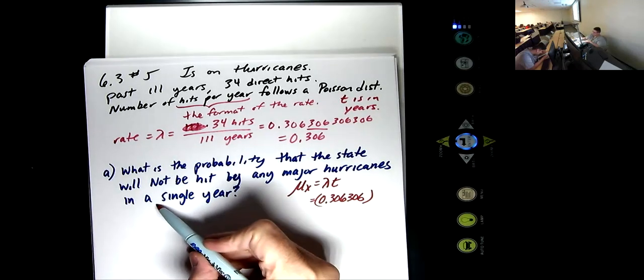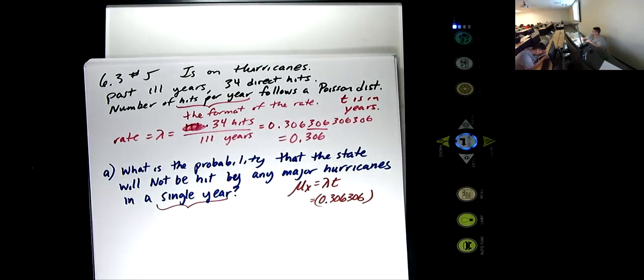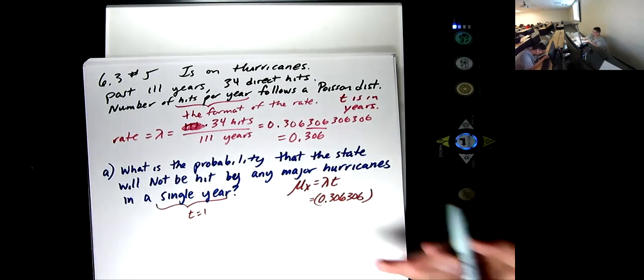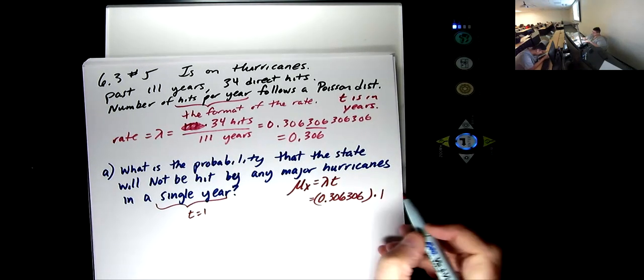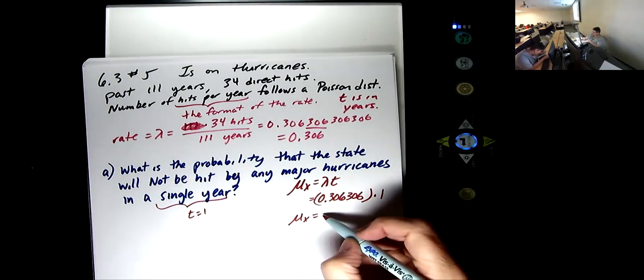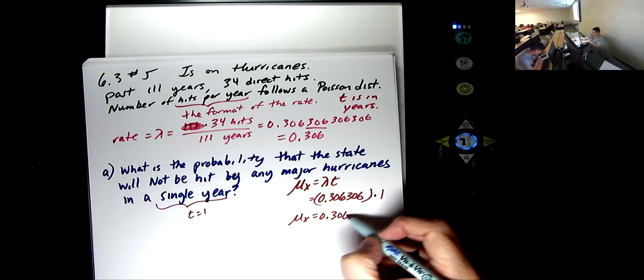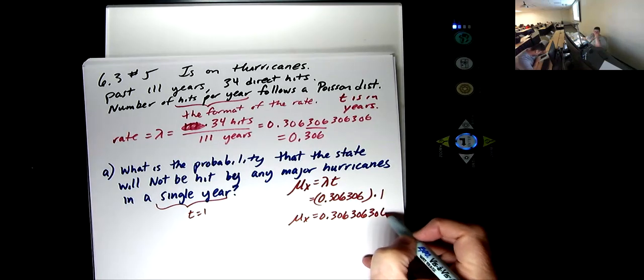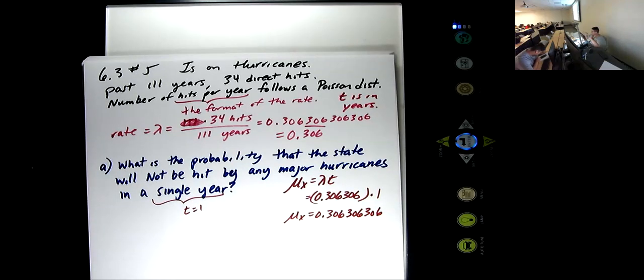What does a single year mean? 1. T equals 1. So mu of x for that we're going to use in our Poisson calculator is 0.306. I'm going to do a bunch of digits in there because the more you put in here, the more accurate your answer is.